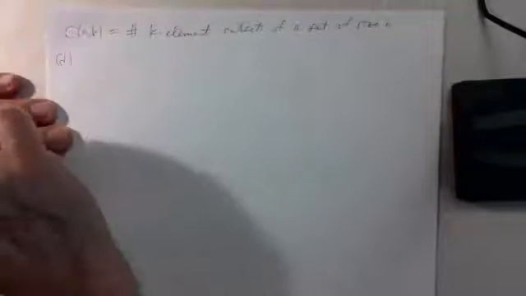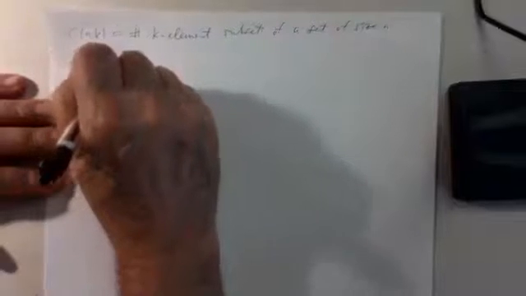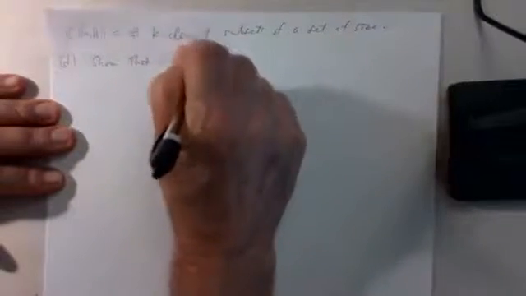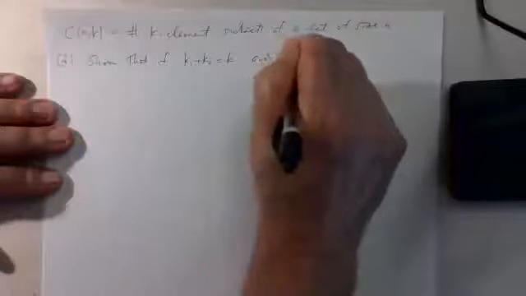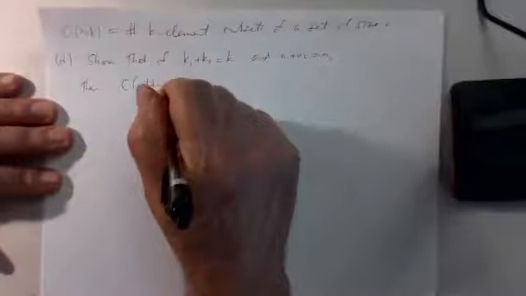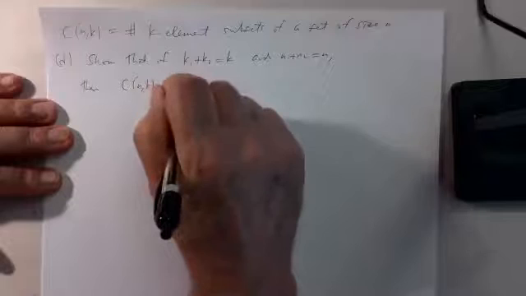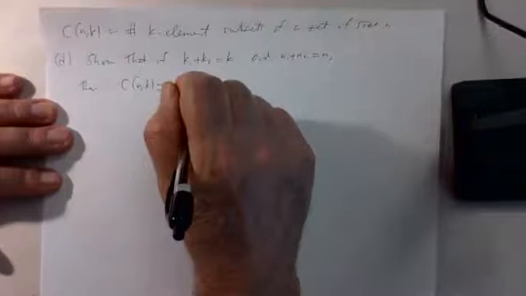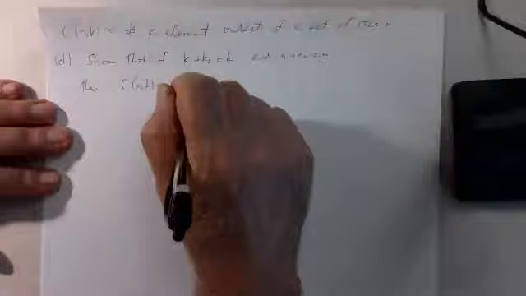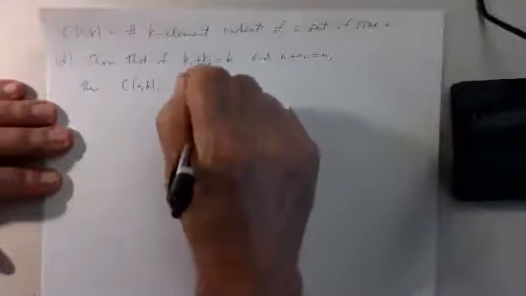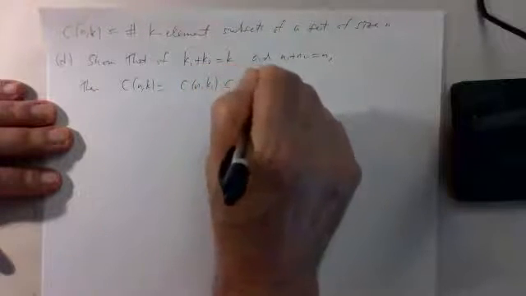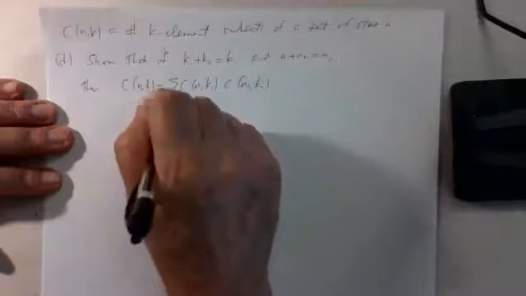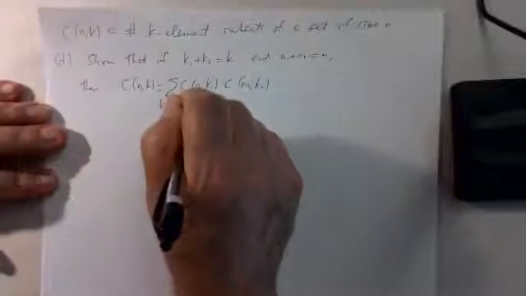So part D says the following: show that if k1 plus k2 equals k, and n1 plus n2 equals n, then C of n, k is equal to, let's see, there might be, let me just double check this, C of n1, k1 times C of n2, k2, and summing over all pairs of integers k1 and k2 that add up to k.